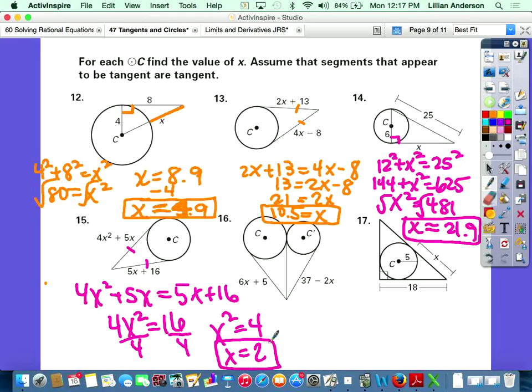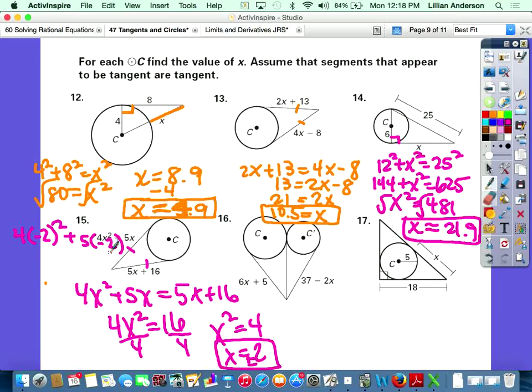Actually, it's plus or minus. Remember, whenever you take the square root of a number, it's always plus or minus that number. And so you want to check by plugging in to make sure they both work. If I plug in -2 into x, what's -2 squared?